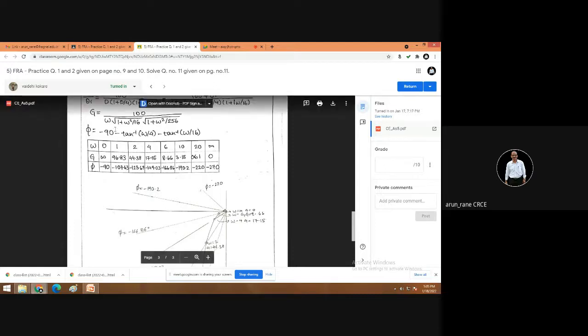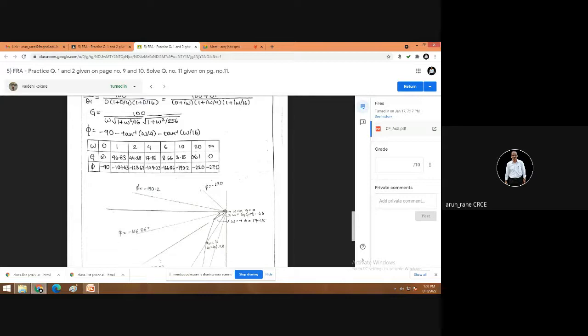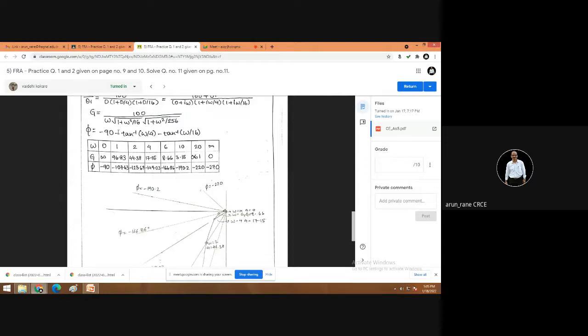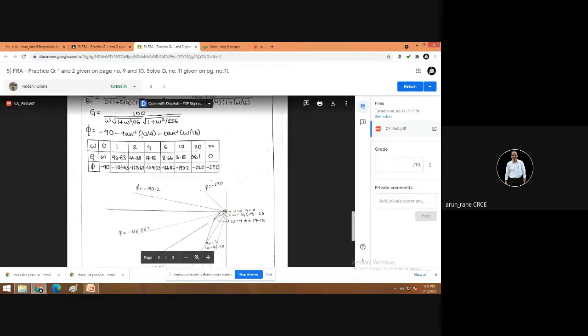When you substitute 0 here, the g will be infinity. So from infinity the values will slowly go on decreasing, and that will end at 0, because when you substitute infinity here, this answer is going to be 0. Again, when you substitute 0 for the phase angle, tan inverse of 0 is 0, so here it will be minus 90.